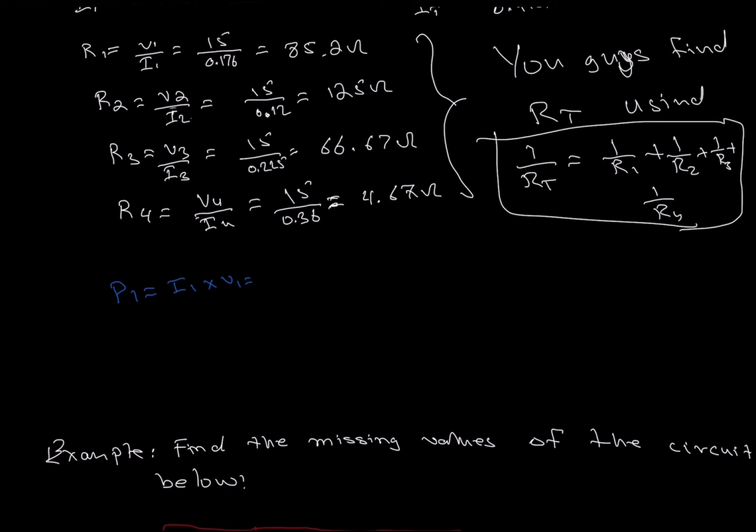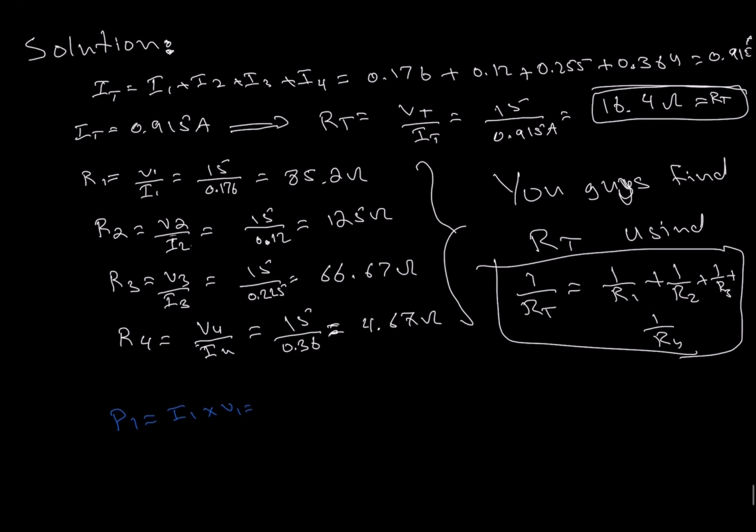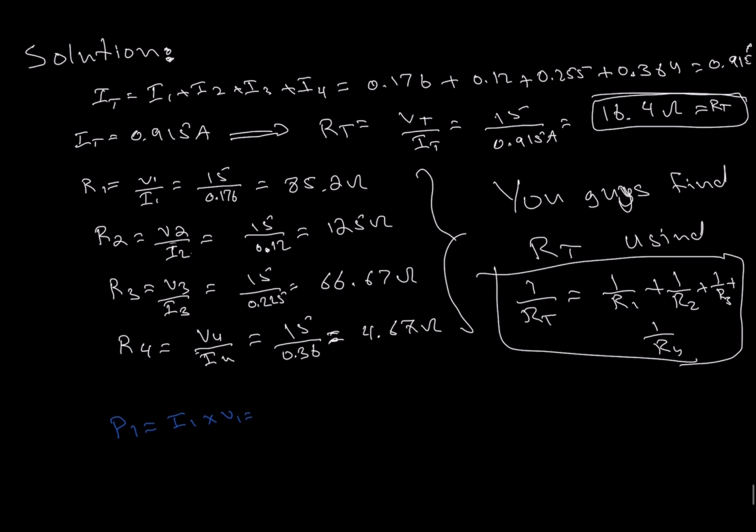We found I1 was 0.176 and V1 is 15. So 0.176 times 15 will give me 2.64 watts.